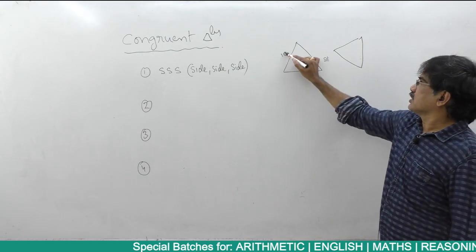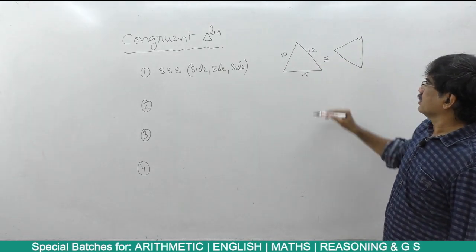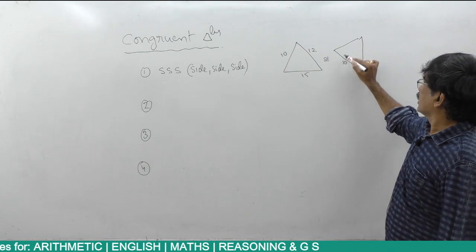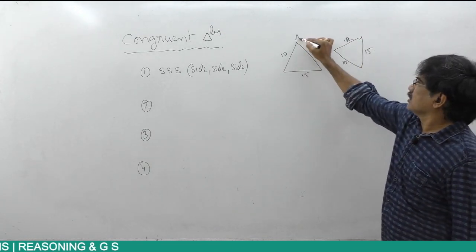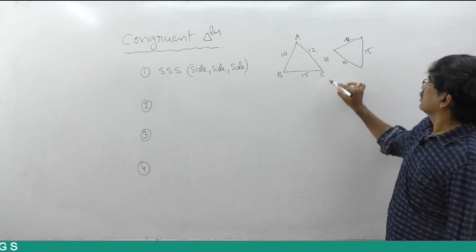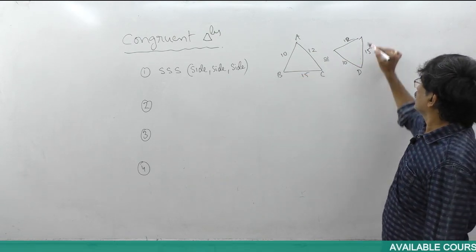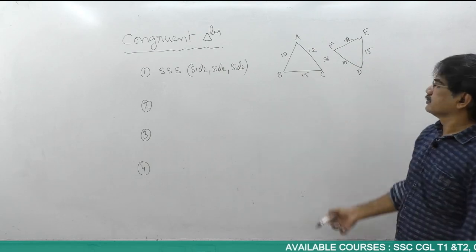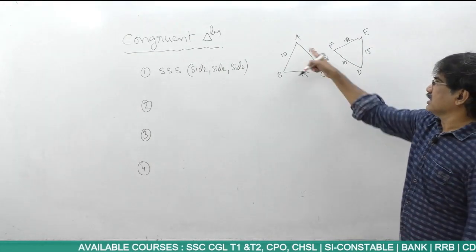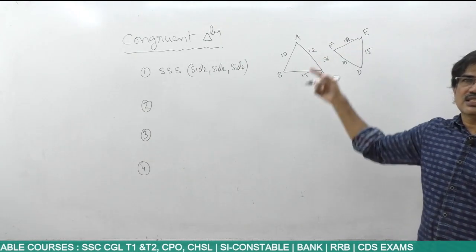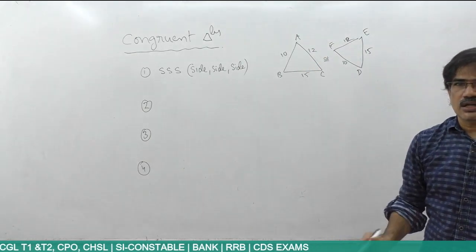For example, this is 10, this is 12, this is 15. There is one more triangle 10, 12, 15. If this is A, B, C, this is D, E, F, then we say that these two triangles are congruent.